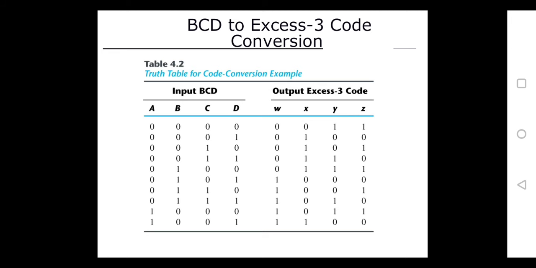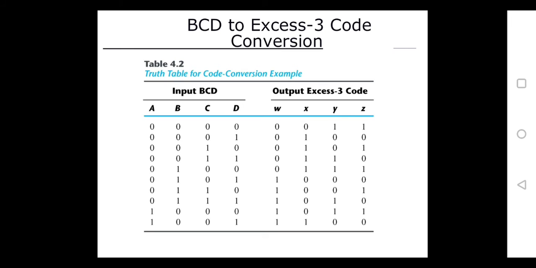And as I am saying, we are using a 4 variable K-map. The 4 variable K-map consists of 16 cells, 0 to 15. But at the input side, we do not have any numbers from 10 to 15. So whatever numbers are not present at the input side are considered as don't cares.